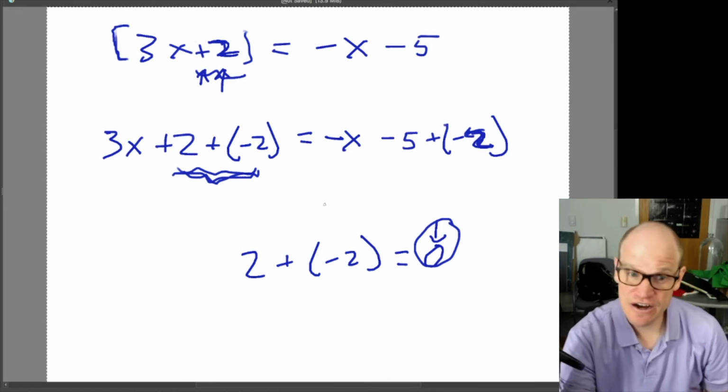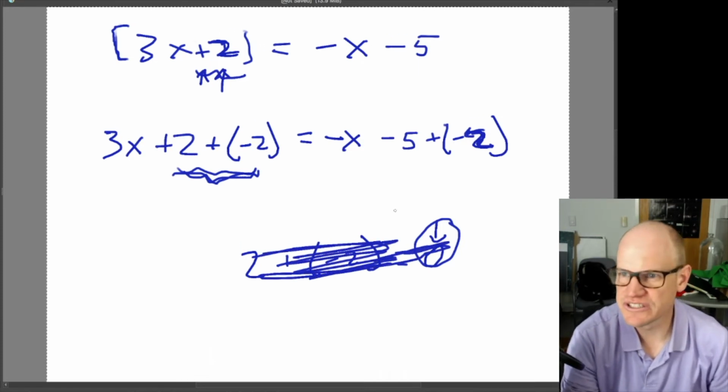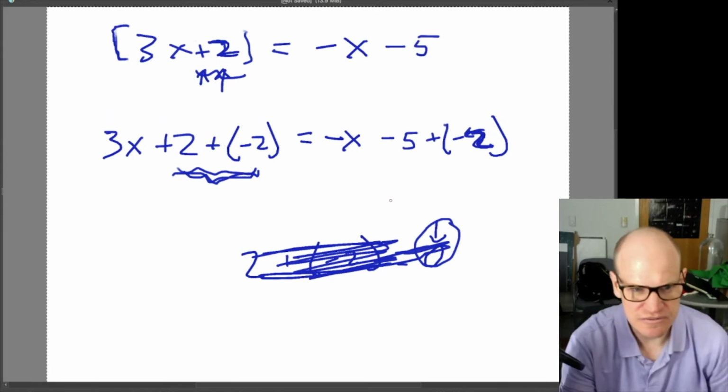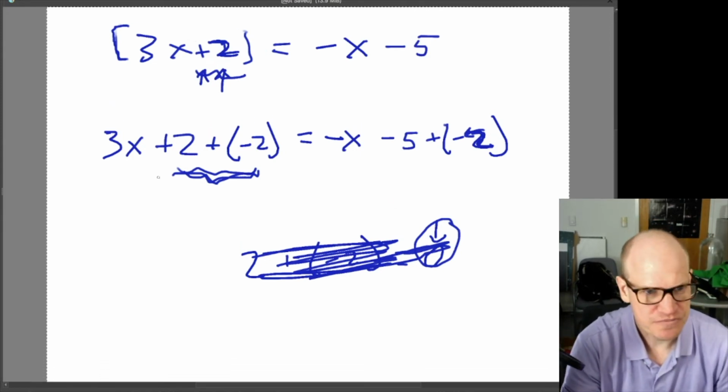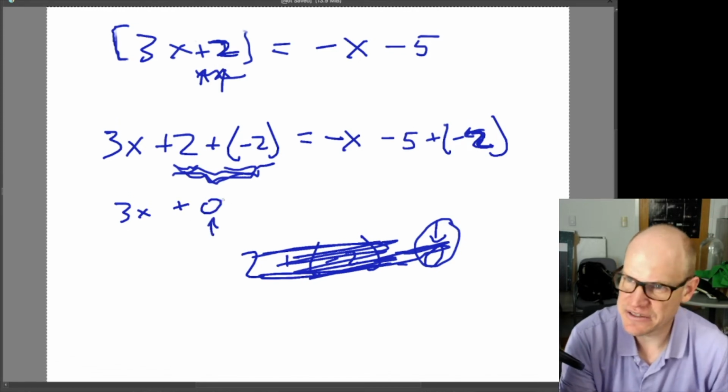Okay, and now I simplify these two expressions using my knowledge of algebra. So I get 3x, and now here is an element, and here is the inverse of that element, and that gives me plus 0. It gives me the additive identity.